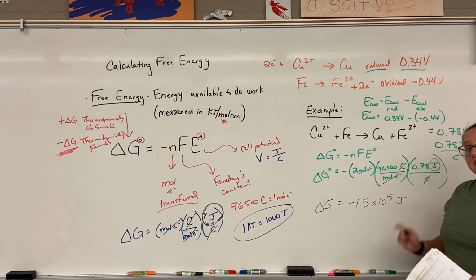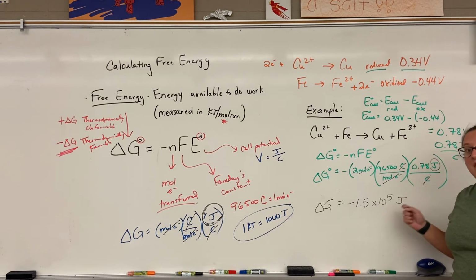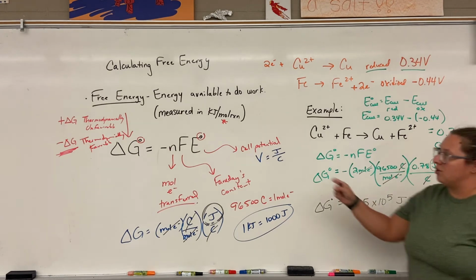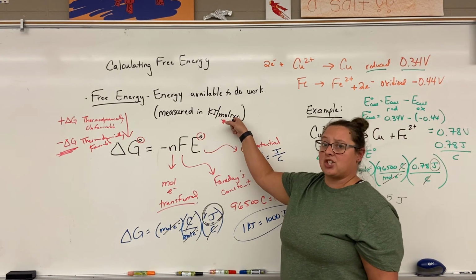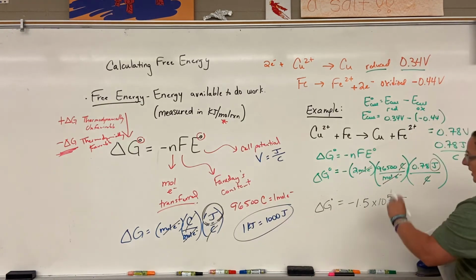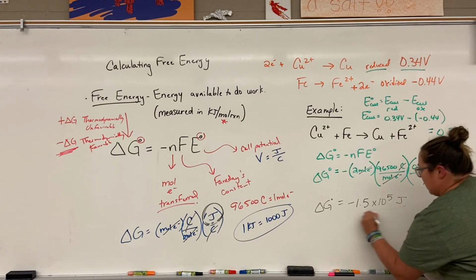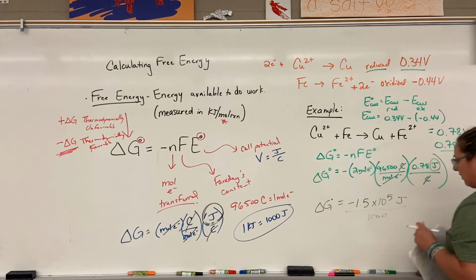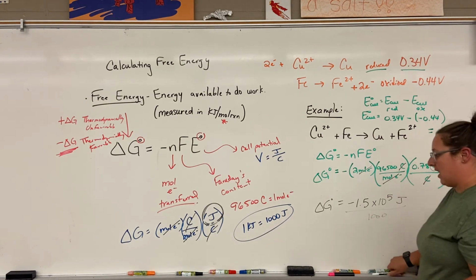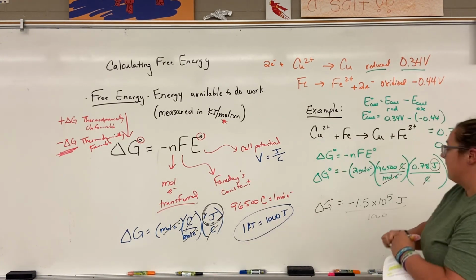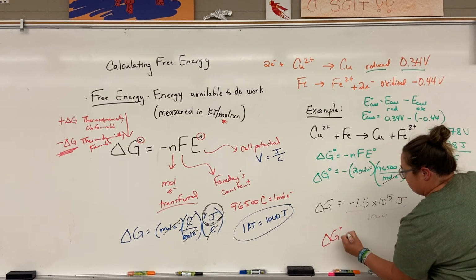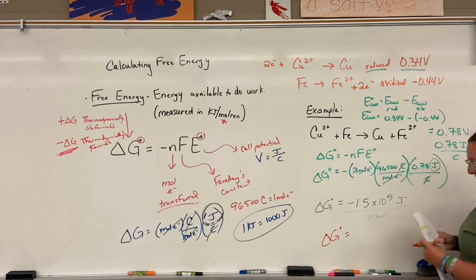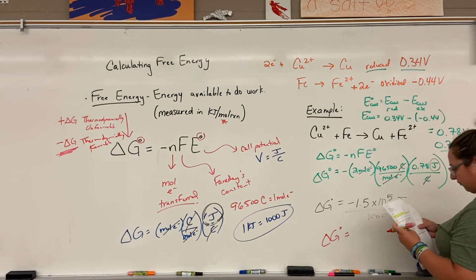Now we're not finished there. This is not our final answer. Remember, for our final answer, we don't want joules. We want it to be in kilojoules per mole of reaction. So what we have to do is take this quantity and divide by 1,000. And that will give us our final answer that we can put our proper units on. So for delta G, I'm switching my markers because my black wasn't working that well.